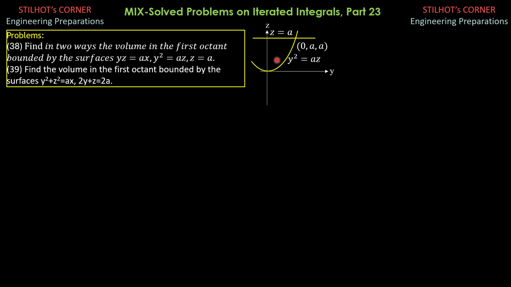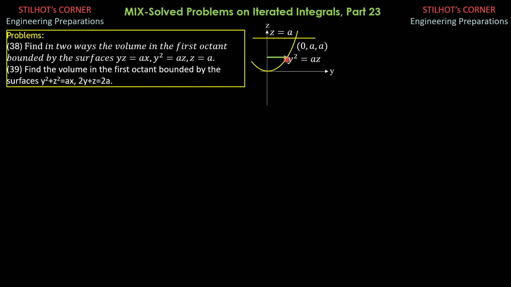Let's make z the final variable. So the outer limits of z would be z is 0 and z equals a. The inner limits would be for y, and it begins with 0 here to the right.